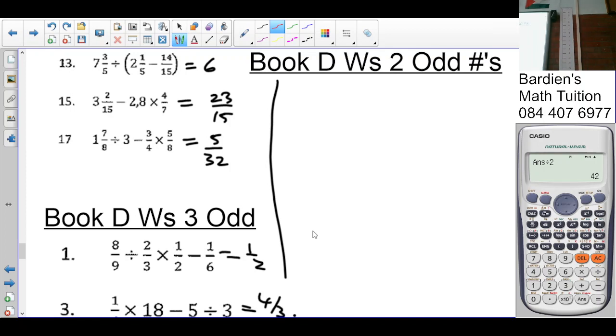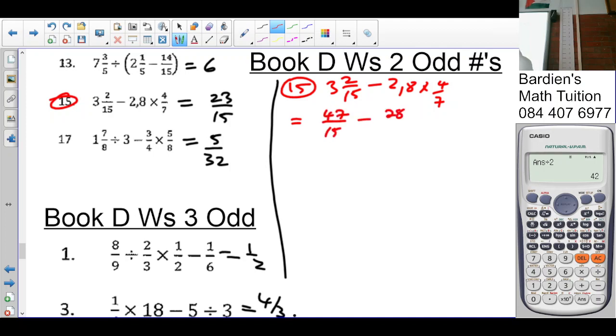Number 15? Yes. Right. The 3 and 2 over 15 minus 2.8 times 4 over 7. Who said yes? Go for it. 30 plus 2 is 50. 45 plus 2 is 47. 16 over 10.